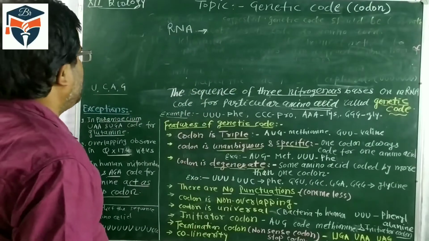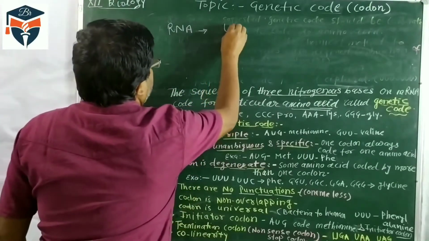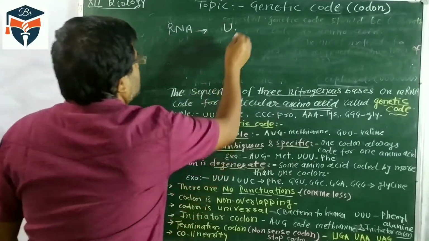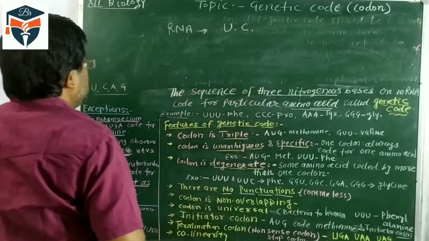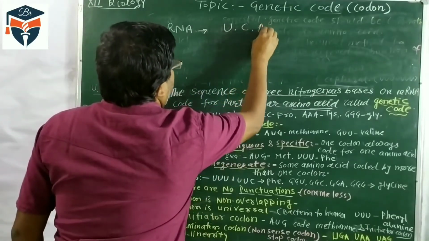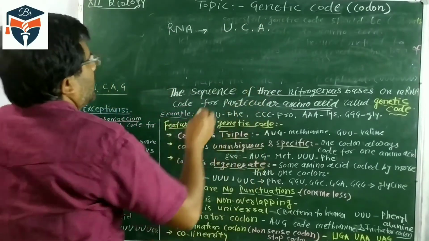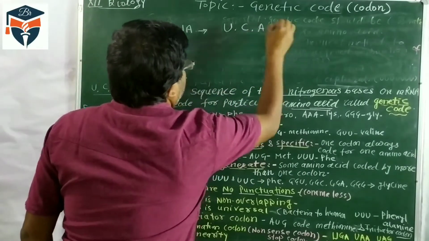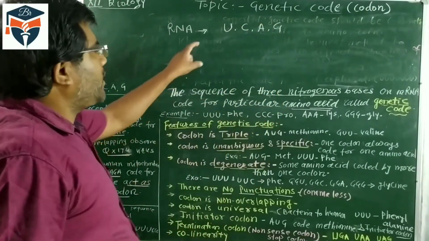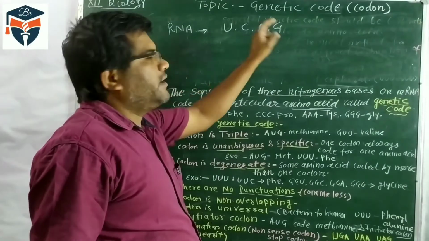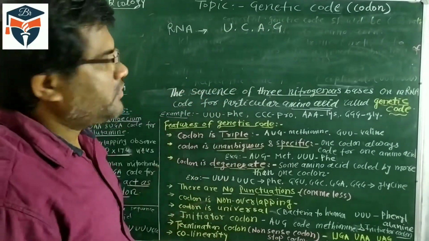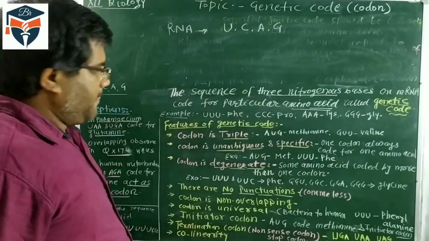In RNA there are nitrogenous bases U, uracil, C, cytosine, A, adenine, and G, guanine. So uracil, cytosine, adenine, and guanine are the 4 nitrogenous bases in RNA.